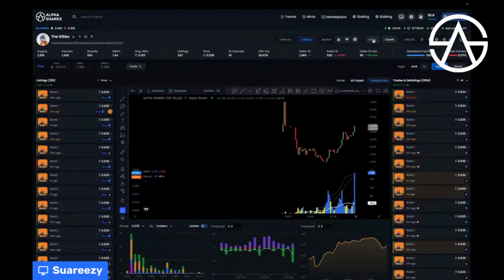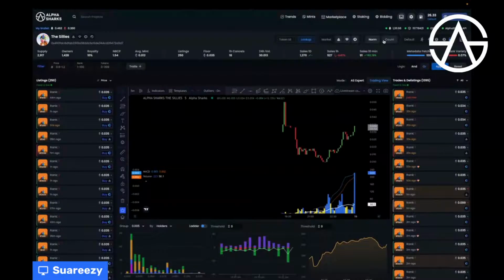With the norm and count functions, what these are basically going to toggle is the algorithm of rarity that we're calculating. There's not really a specific concept of what rarity actually is across the board of markets. Each platform that calculates rarity has to specify what rarity is, and the functions we have here are norm and count.